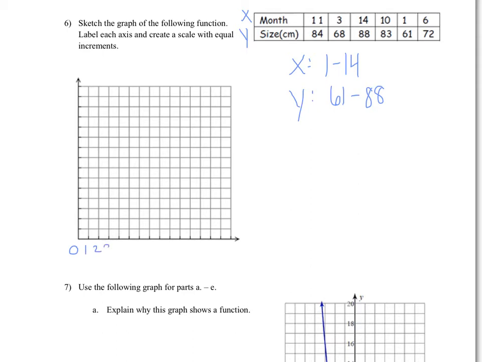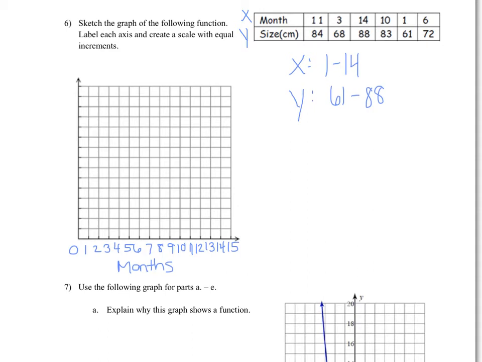We have to go by ones. We also know that the label is months because we see that in the table, and also the size of whatever it is dependent on the month. Usually time, like months, is not dependent on anything else.